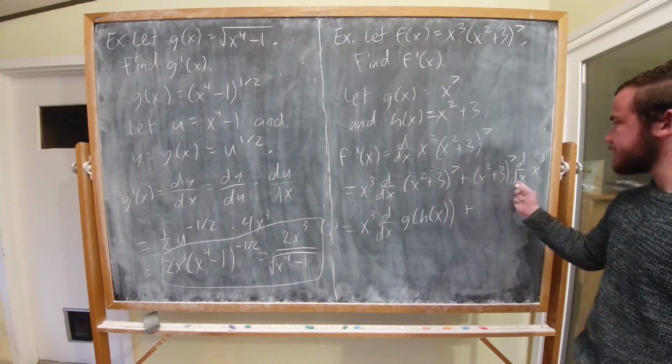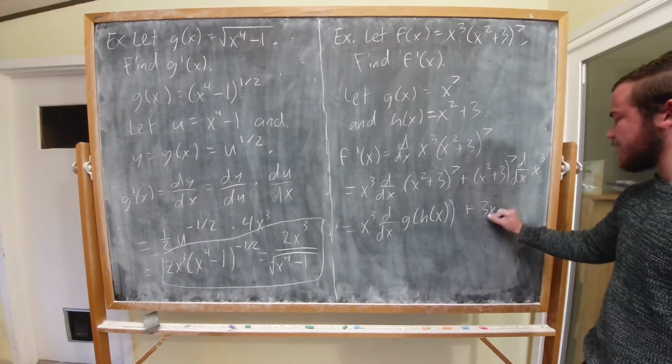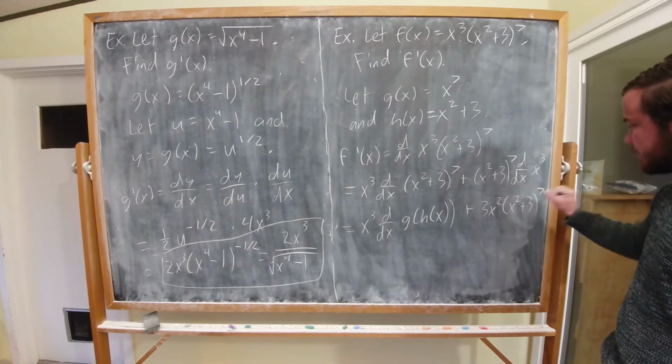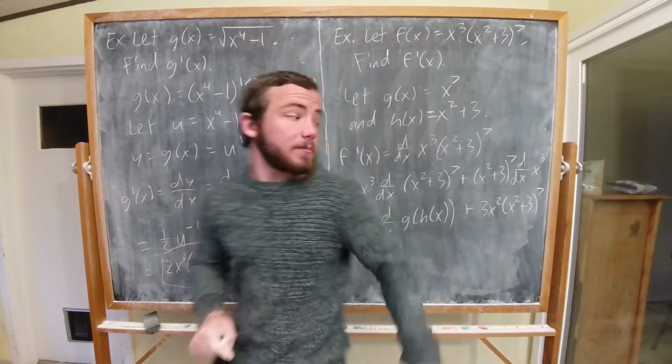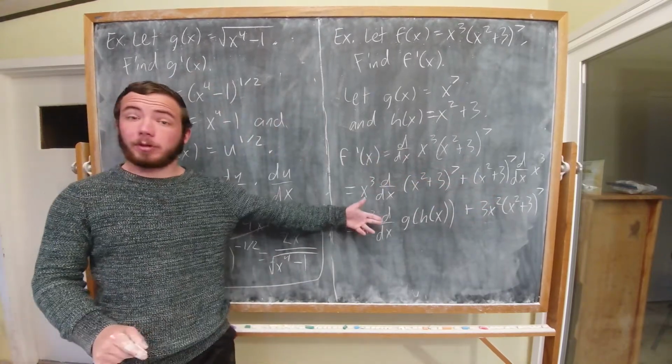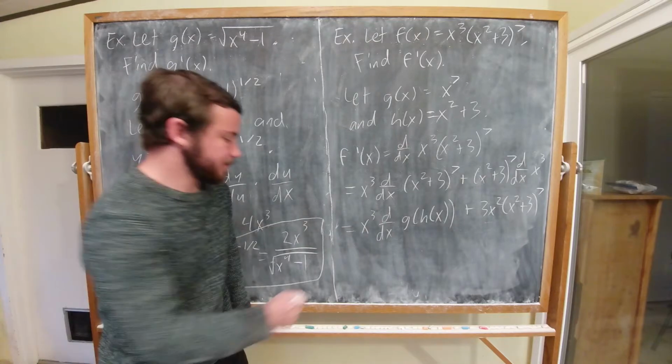Plus 3x squared times x squared plus 3 to the 7th. So, the second chunk is already done. Don't even need to worry about it. The chain rule will address this first part.